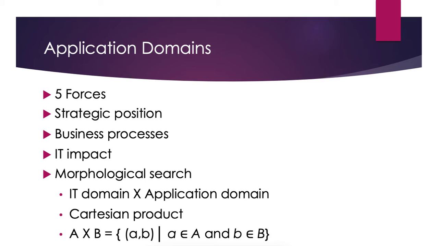Morphological search, here we have the Cartesian product, which is IT domain times application domain. Here A times B is equal to (A, B), where A is the summation of A and B is the summation of B. Okay.